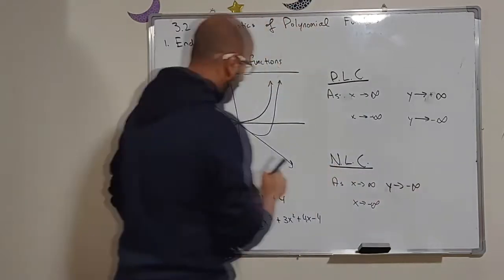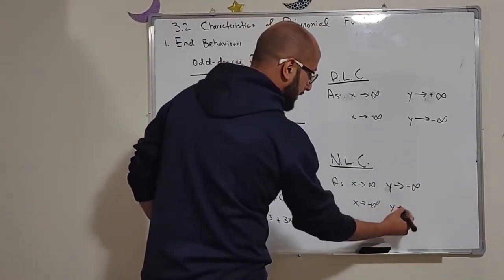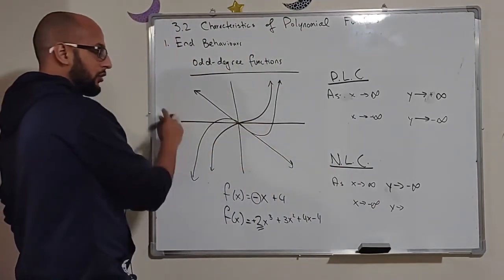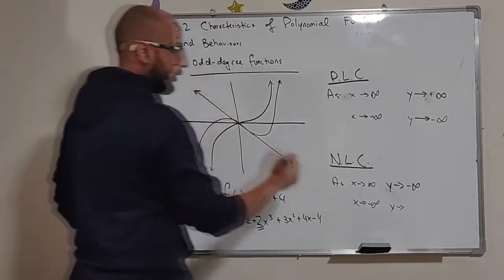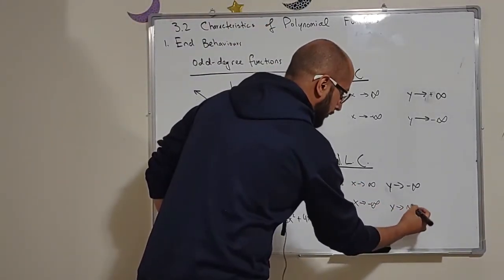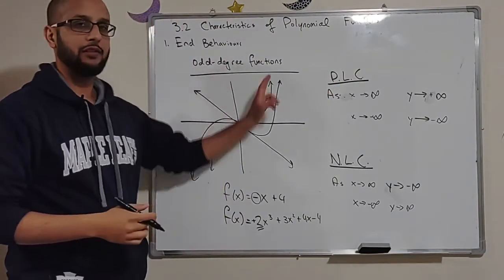So now as x approaches positive infinity, y will approach negative infinity. And as x approaches negative infinity, y is going up, as you can see in this graph. As you go to the left, the y values go up. So y will approach positive infinity. That's the end behaviors on an odd degree function.